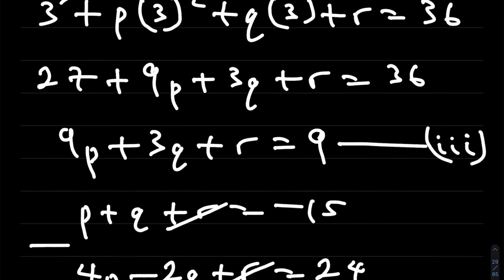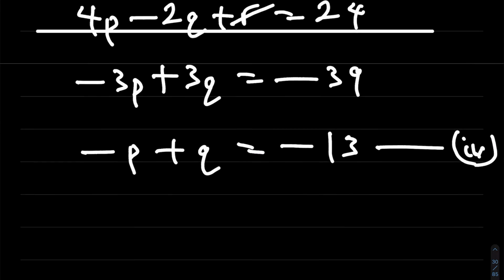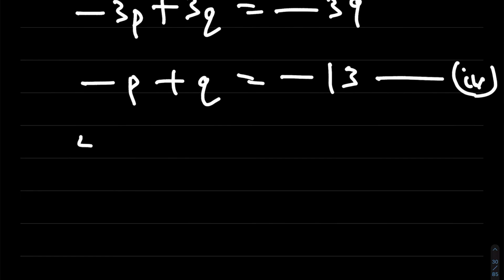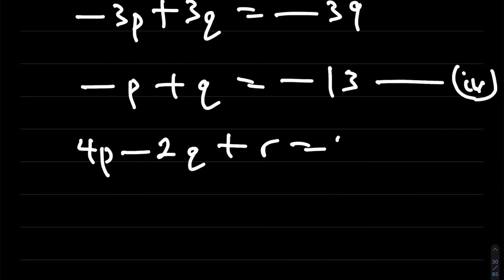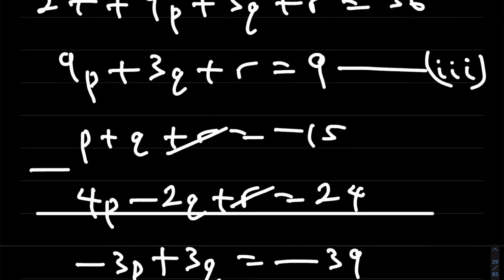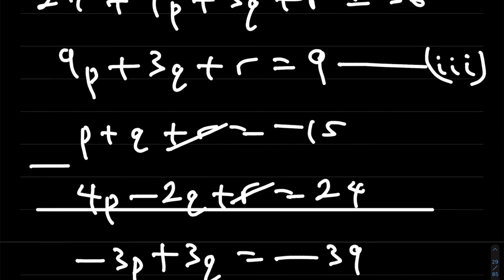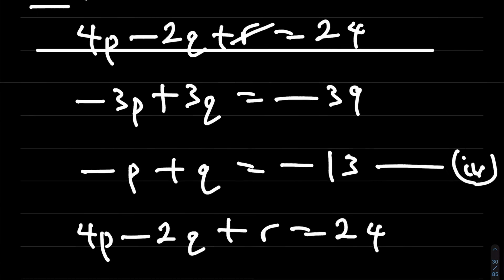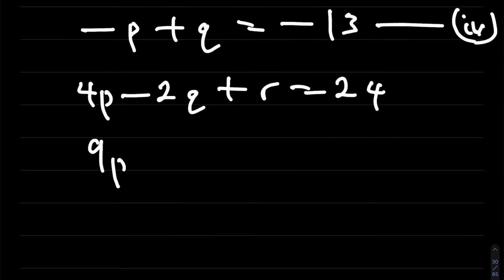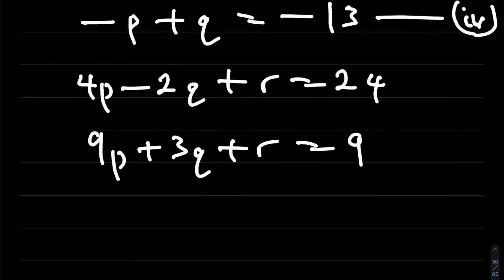Now I want to subtract equation 3 from equation 2. Equation 2 is 4p minus 2q plus r equals 24, while equation 3 is 9p plus 3q plus r equals 9.